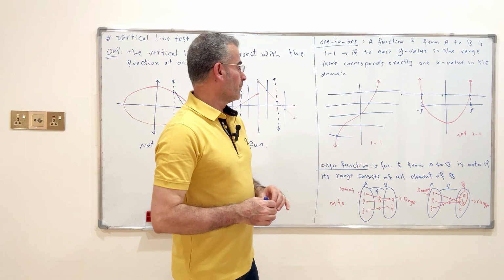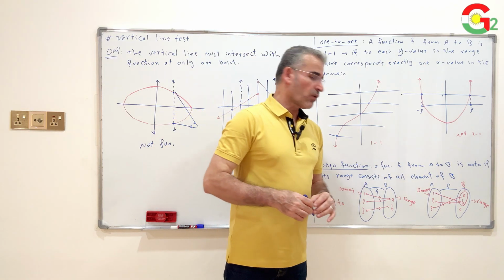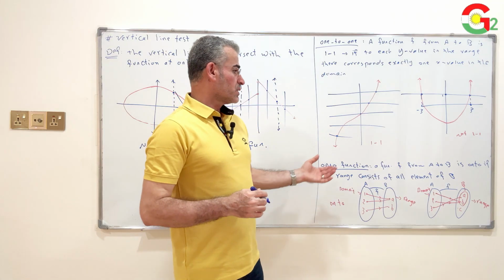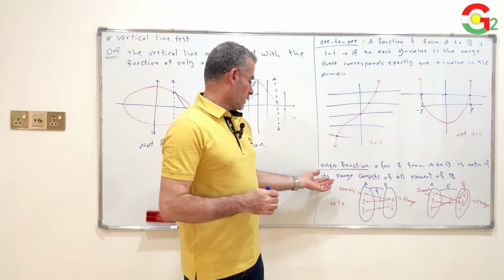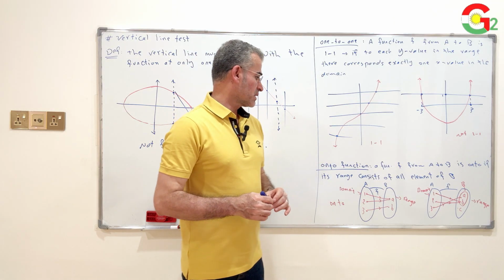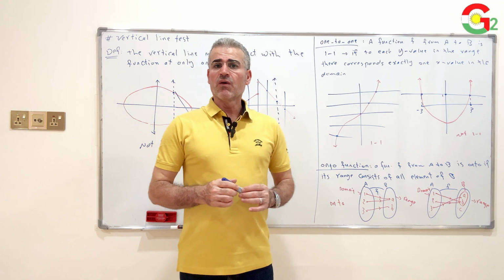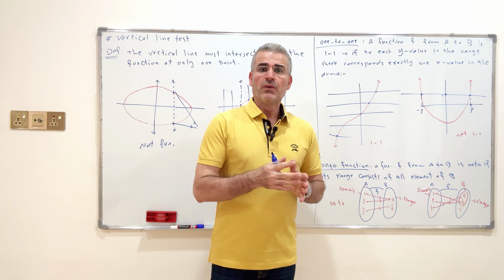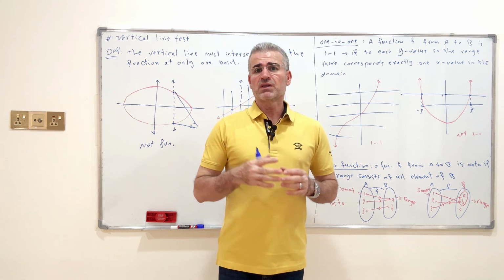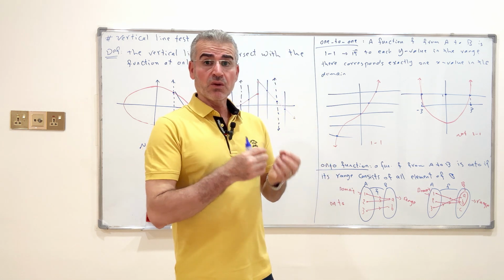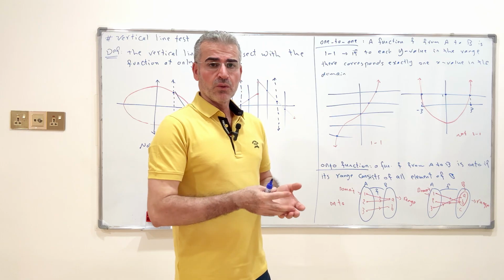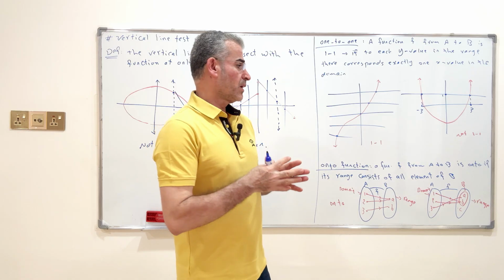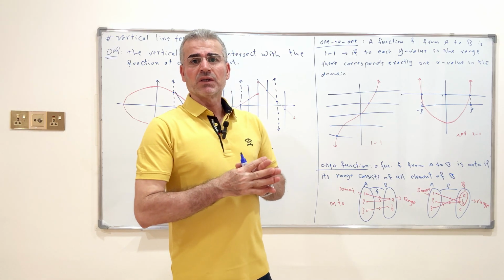Onto function. A function f from a to b is said to be onto if its range consists of all elements of b. If the range is not equal to b, then the function is not onto. If the range equals the set b, then the function is onto.